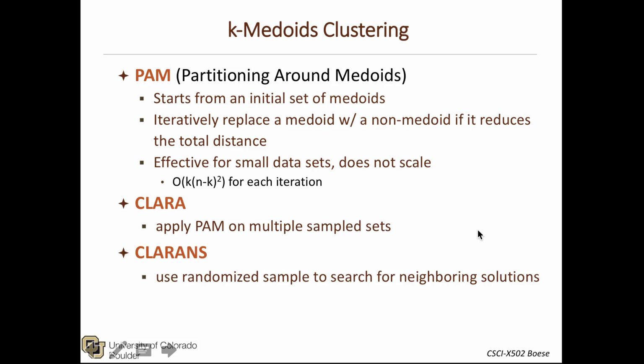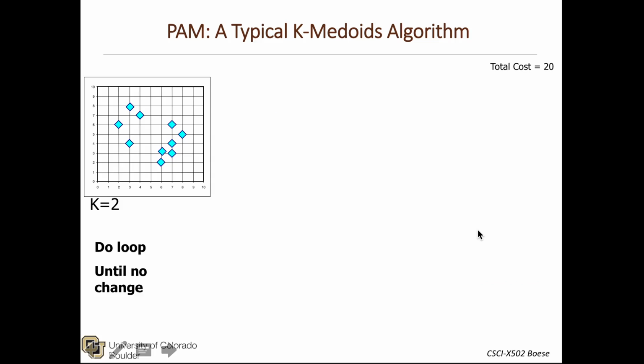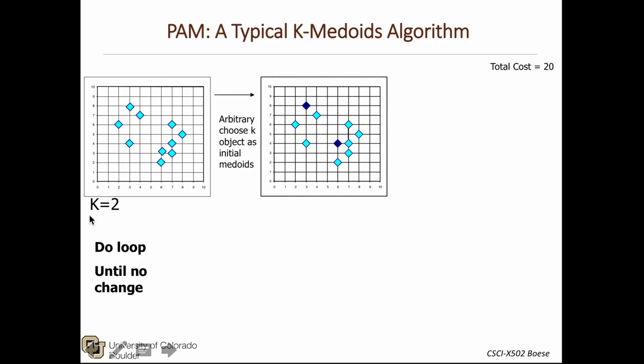There are a couple of other algorithms similar to this, CLARA and CLARANS, but let's take a look at an example of PAM, walking through some points. So here, just like k-means, we do define k up front. And so we select objects as the medoids, as opposed to points.